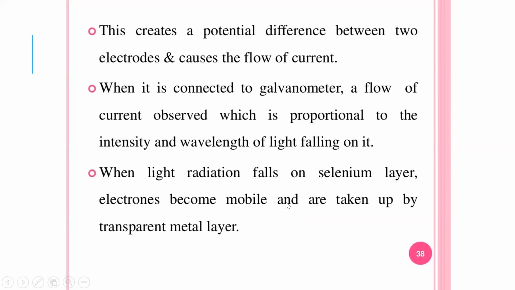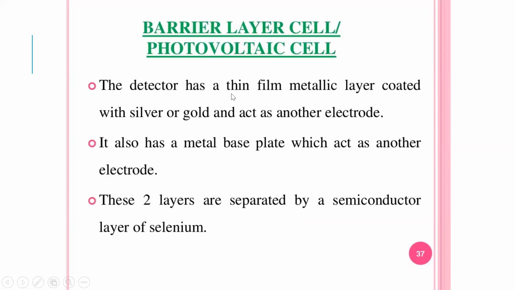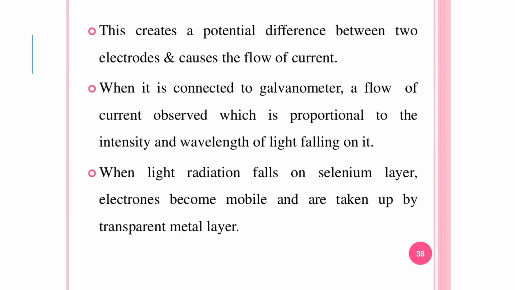So the detector has a thin film metallic layer coated with silver or gold and acts as an electrode. It has a metal base plate which acts as another electrode. The two layers are separated by the semiconductor selenium. So iron and silver layers are separated by the selenium.